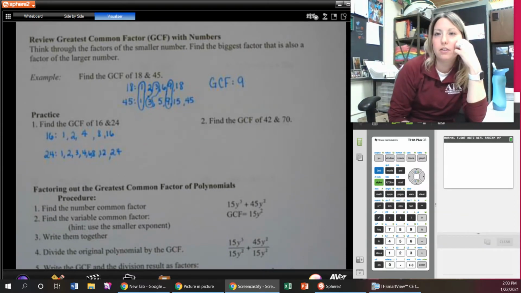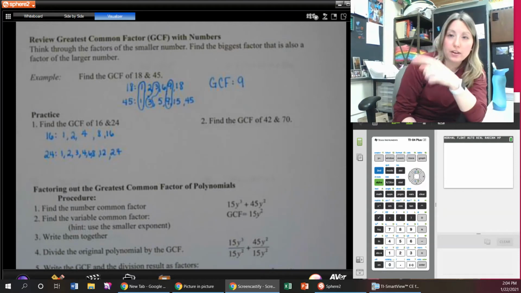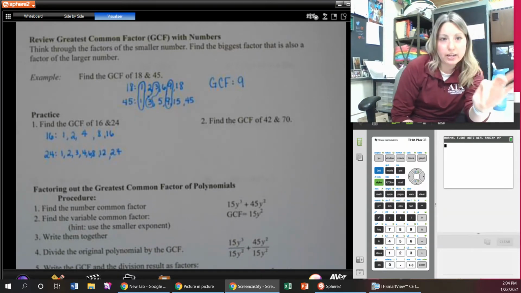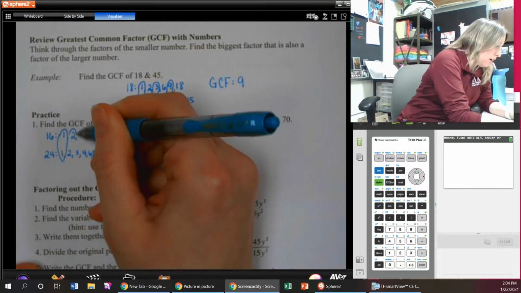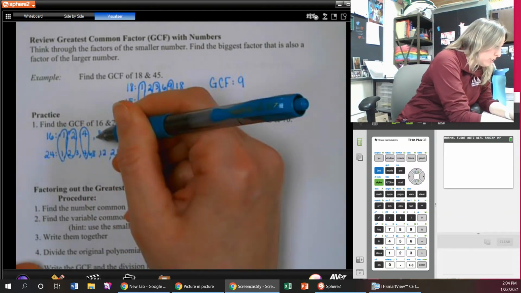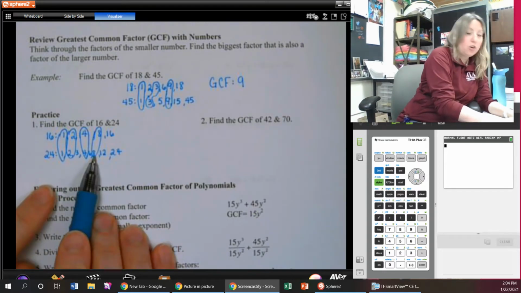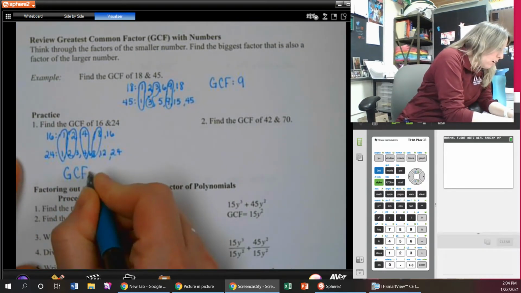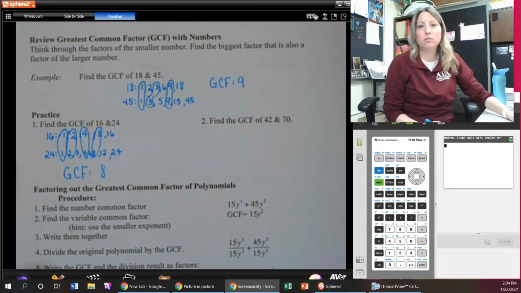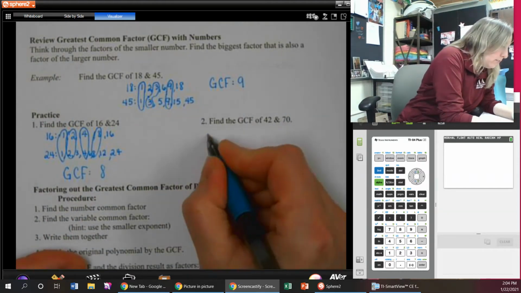There you are. Now let's look at the common factors and find the greatest common factor between the two. Common factor, common factor, common factor, common factor. What's the greatest common factor? 8.